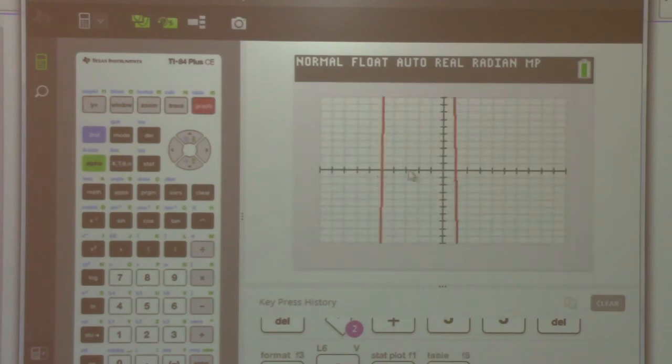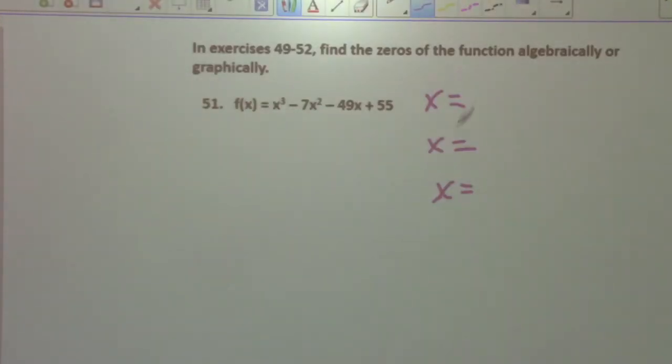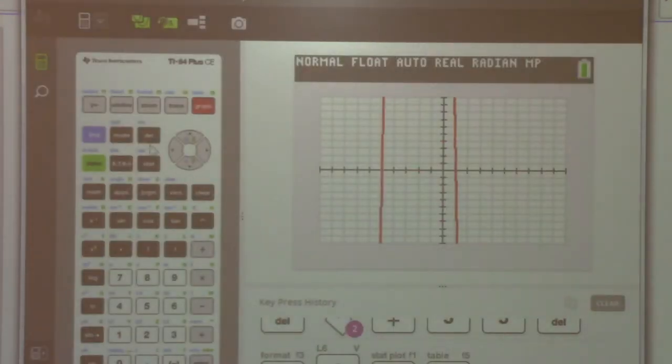And I see a zero, x equals, where's this thing hitting? One, two, three, four, negative 5, 1, x equals 1, and there's another one, 11. Yeah, let's go ahead and change our window.